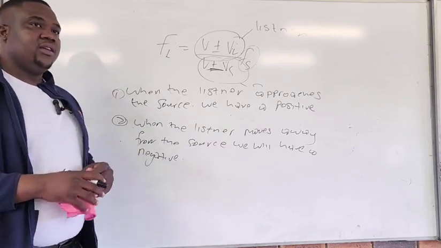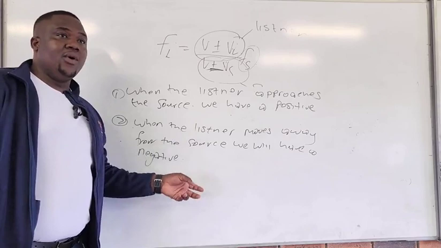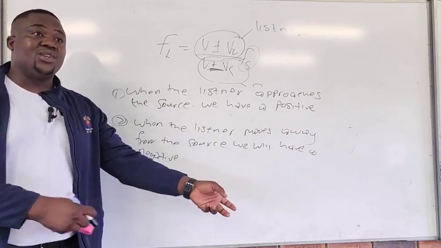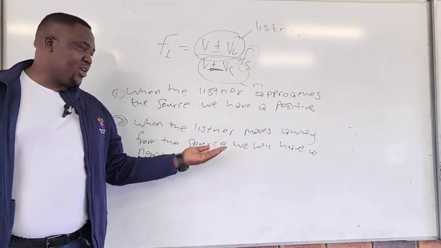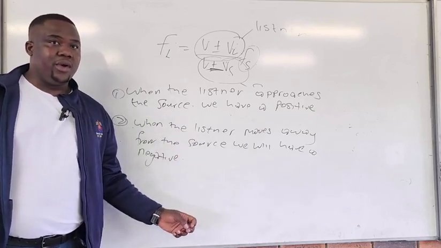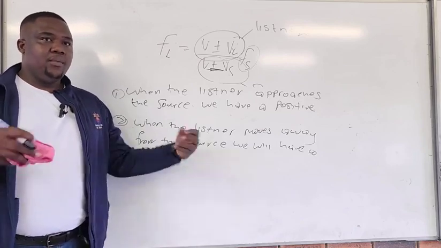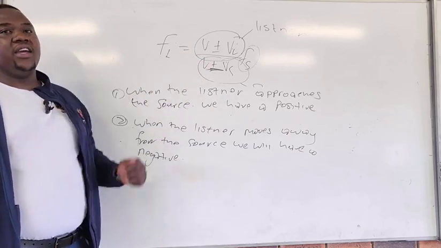You understand? In the source side, when the listener moves away from the source, it is the source which is moving away from the listener, isn't it? We're going to have the opposite. Since the source is moving away, we're going to have a what? A positive. But in the listener side, we're going to have a negative.